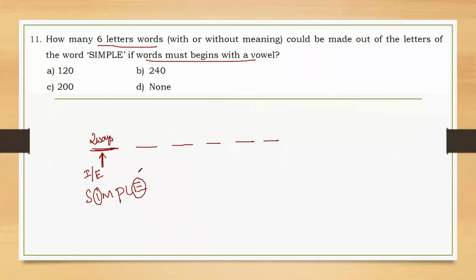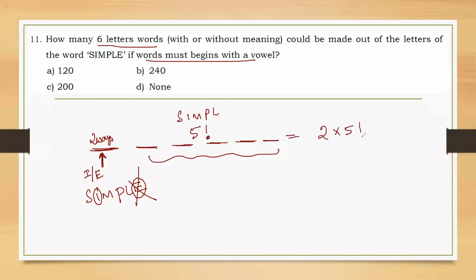Suppose the first place is filled with E, then the remaining places have no condition, right? So we have 5 blanks and 5 letters. To fill 5 blanks with 5 letters, it is 5 factorial. So nothing but 2 into 5 factorial.